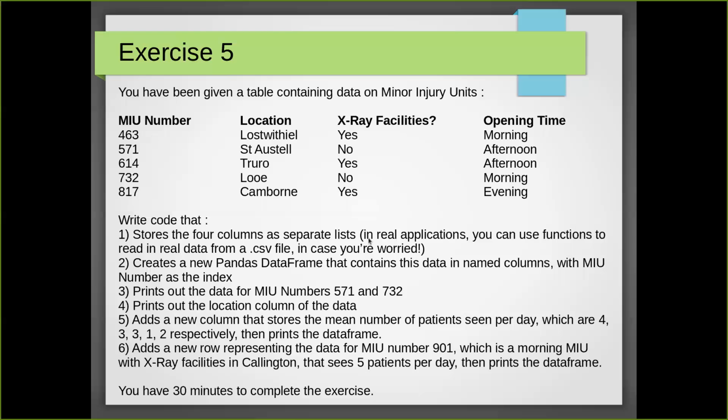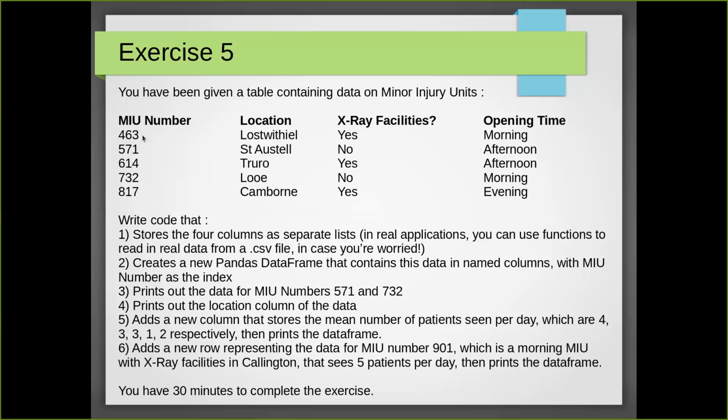And what I want you to do is write a program that stores the 4 columns in that table as separate lists. And as I say, please don't worry, you wouldn't have to do this in the real world in terms of putting in all your data from scratch. Then you're going to create a new Pandas data frame that contains this data in named columns, and you're going to set MIU number as the index.